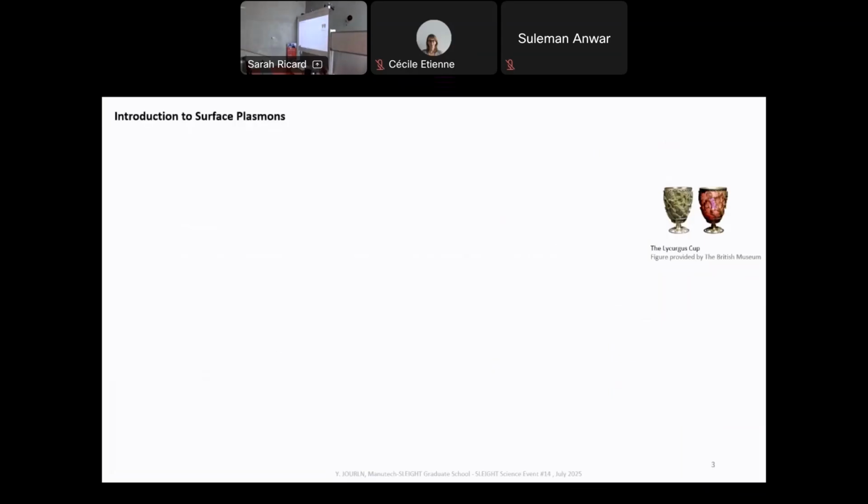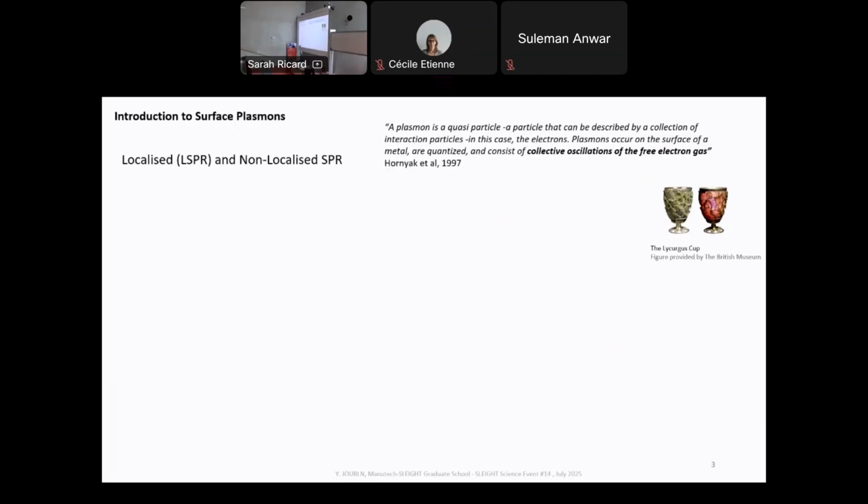Okay, so quickly I will introduce surface plasmon, but it has been well explained, so I will explain the difference between localized and non-localized surface plasmon. Here it is a question of distance and length of interface. In both cases, we need a metallic medium and a dielectric medium.